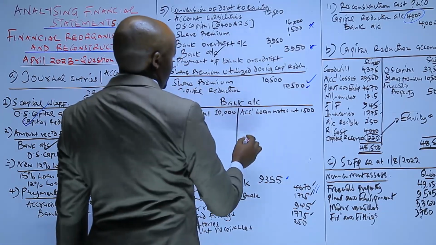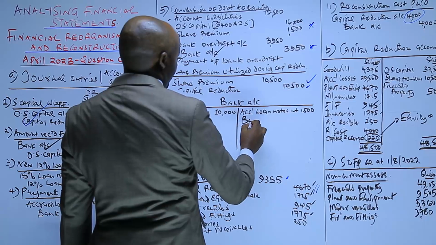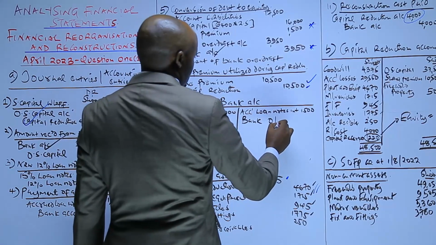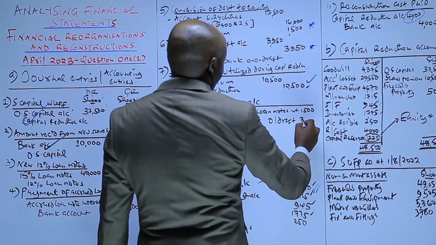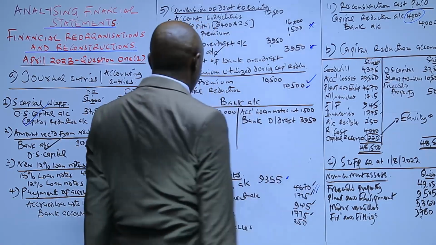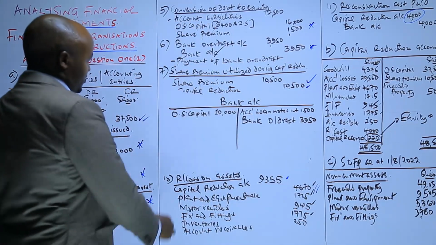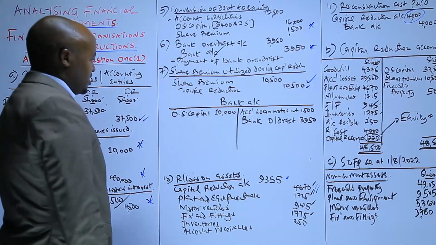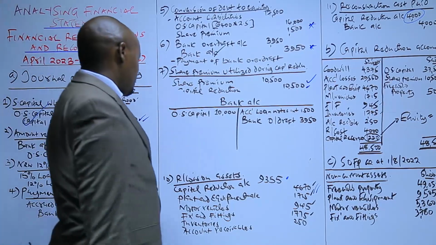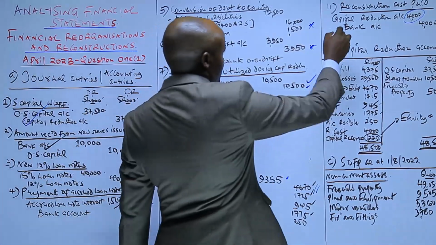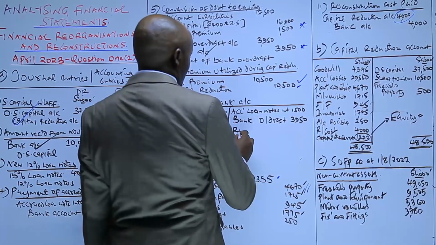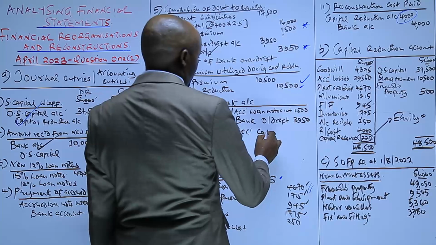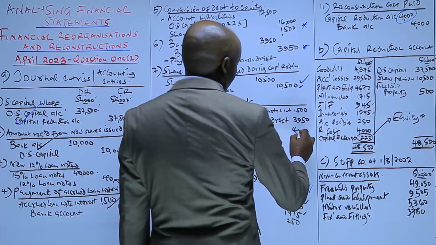This is affecting bank, whereby we have a payment of bank overdraft, a figure of 3950. So what I've done away with here was not affecting bank. The same case with journal entry number 10, but number 11 we have the reconstruction cost which was paid, which is supposed to be credited in this account an amount of 4,000.